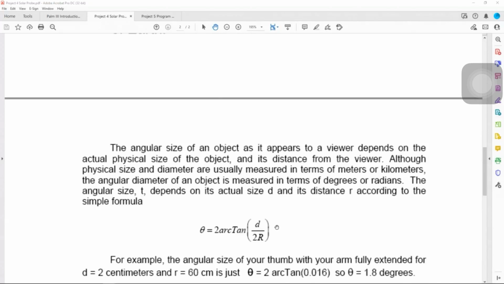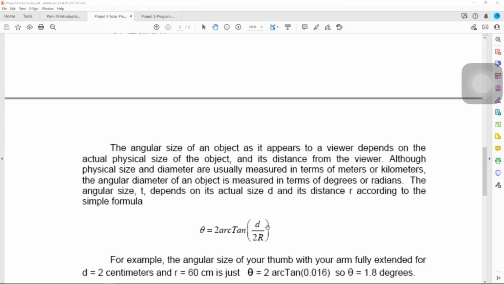I wouldn't have made it that way, because D usually stands for distance. But then again, R also stands for radius, distance, whatever. So just remember that the numerator is the size of the object, and R is the distance between you and the object. Of course, here he uses small r, which becomes capital R, because most likely when they copied and pasted this expression, it was capital R, but in the text they wrote small r. So there are some discrepancies here and there.